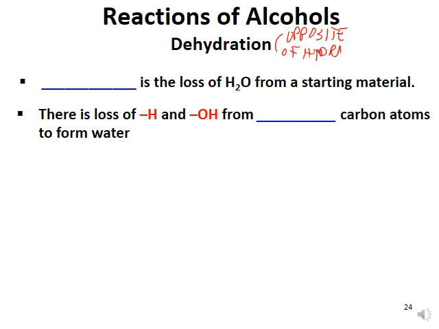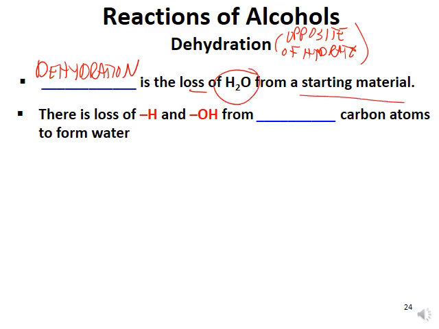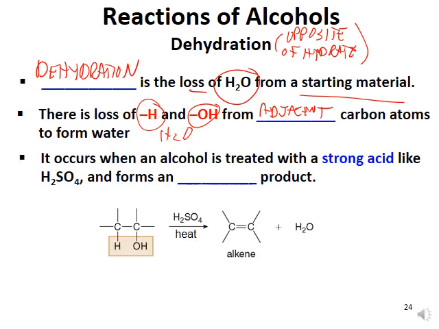To get hydrated, you add water. If you're dehydrated, that means you've lost too much water. So dehydration is the loss of water from any starting material, and there's a loss of an H from one carbon and an OH from an adjacent carbon. Doesn't happen on the same carbon, it's adjacent. And then you end up forming water, H2O or HOH.